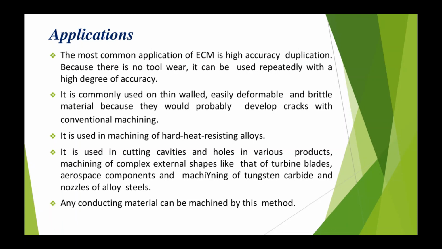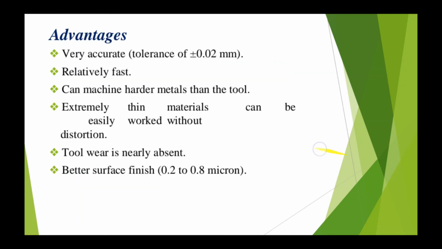It is used in machining of hard heat resisting alloys also. It is used in cutting cavities and holes in various products, machining of complex external shapes like that of turbine blades, aerospace components, and machining of tungsten carbide, as well as nozzles of alloy steel can be produced using this ECM process. Any conductive material can be machined by this process.